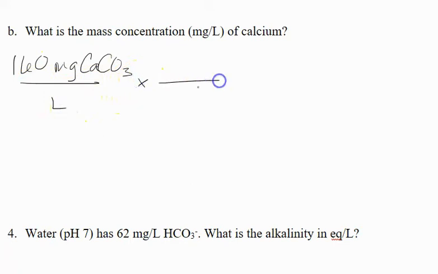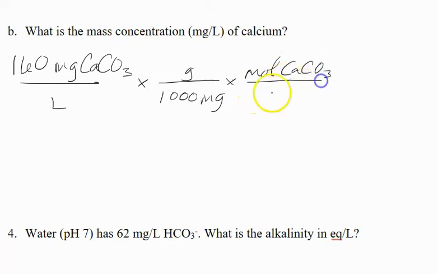And then I'm going to convert that into grams. So I know that 1,000 milligrams is equivalent to a gram. And then I'll convert it to moles using the molecular weight of calcium carbonate. So a mole of calcium carbonate is going to be 100 grams. And then I know that calcium carbonate is 2 equivalents per mole.